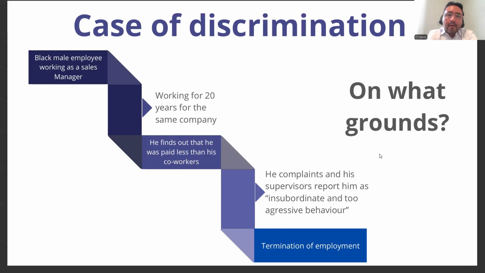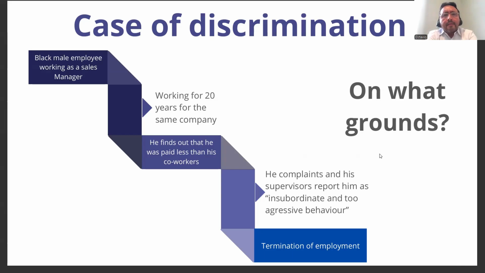And it turns out that all the rest of the coworkers are white males. He complains, and the manager says that his behavior is aggressive and that he is insubordinate to the policies of the company. As a consequence, his employment is terminated.